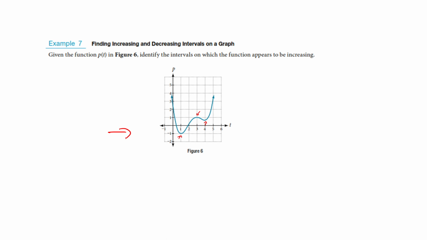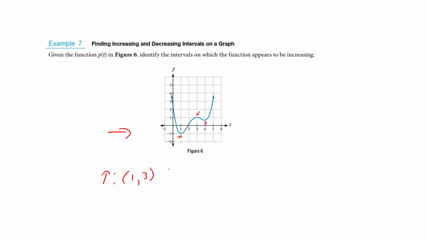But next is, where were we going downhill and when were we going uphill? So here they're asking us, when are we increasing? So we were going down, we were going down, we were going down until we got here. Now they want increasing, and we're going to put this in terms, just like we did with the domain. We want it in terms of only the x. So I was going downhill till I got to 1, and then from 1 all the way to the top of the hill at 3, I was going uphill.